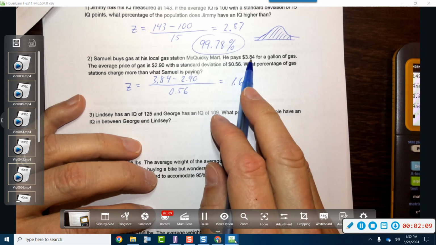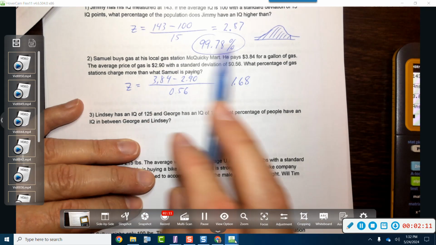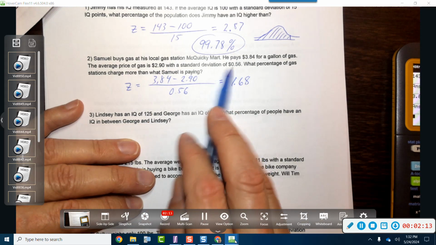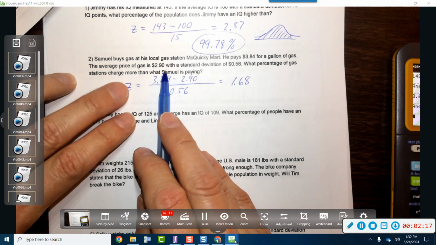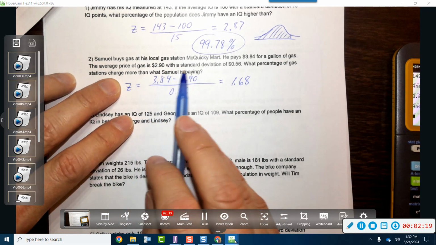That's the price he paid, that's the average, and that's the standard deviation. So is he overpaying? What percentage of gas stations charge more than this?